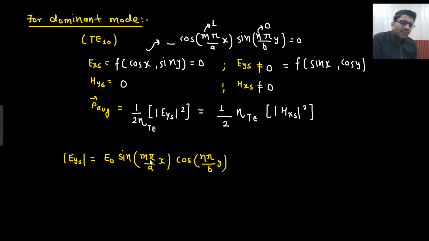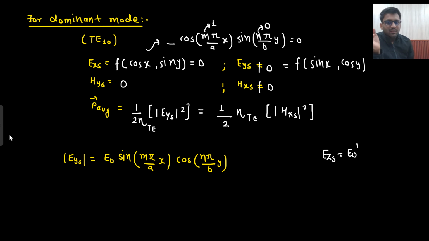So I am pretty sure that sin m pi by a into x and cos n pi by b into y would be coming. But here there will be some amplitude, it could be anything, like gamma g upon h square, whatever amplitude we get. That amplitude I am calling E naught. Are you getting this point? This E naught has nothing to do with the EZS amplitude. EZS amplitude is some E naught dash.